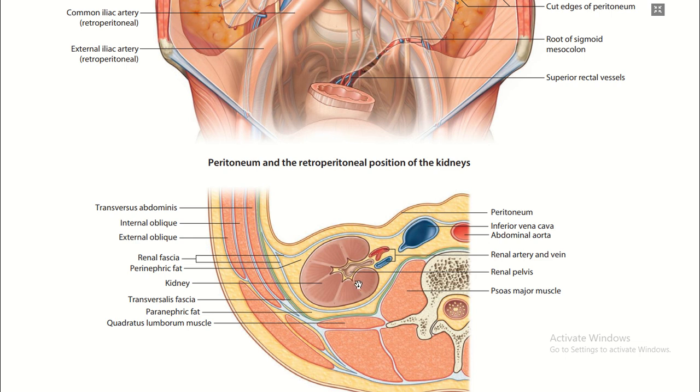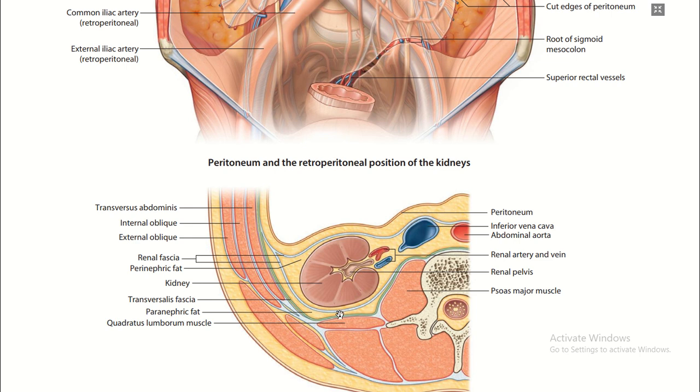So, in summary, moving from the kidney going outside, you have your fibrous capsule, then your perirenal fat, and then your renal fascia, which is a continuation of the transversalis fascia, and then your pararenal fat. Good.